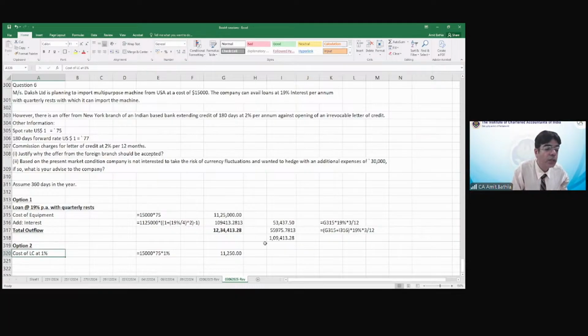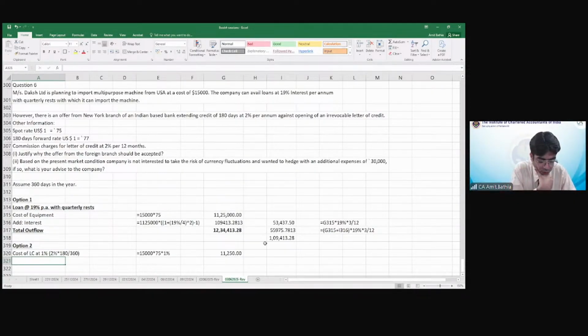So why did I charge over here 2%? This is 2% divided by 2, into 180 divided by 360. I hope this is understandable to everybody. Right? So 2% is per annum. So for 180 days, it is half. That is the reason I have calculated over here cost of LC at 1%.